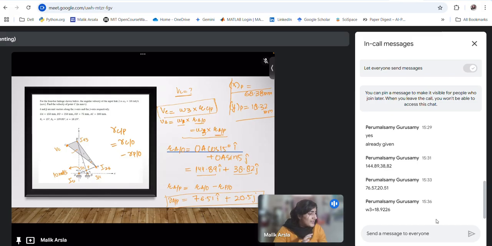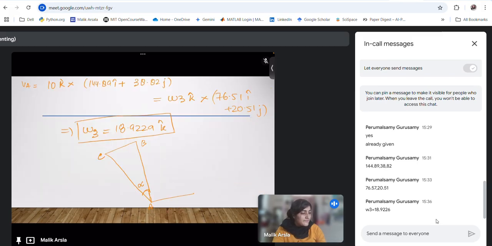So you can try it on your own also, if you find it out geometrically. Let me also solve it right now, and I can check it again. Because omega 3 is found out, now we need to find RCP, right? In order to find RCP, we can write it as RCO minus RPO. So if you figure it out, you can do it now. Otherwise, let me check once.